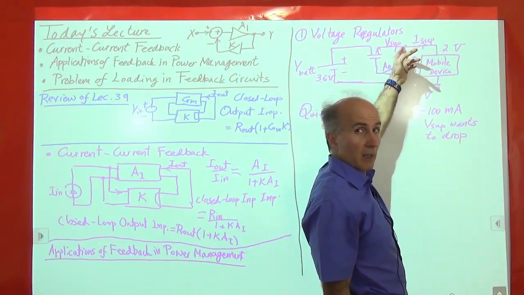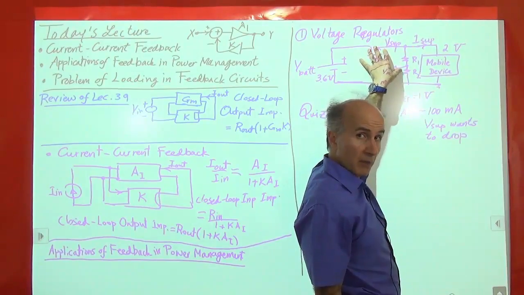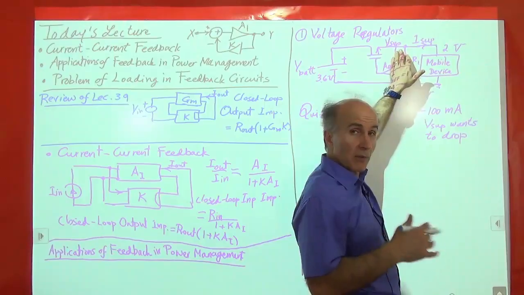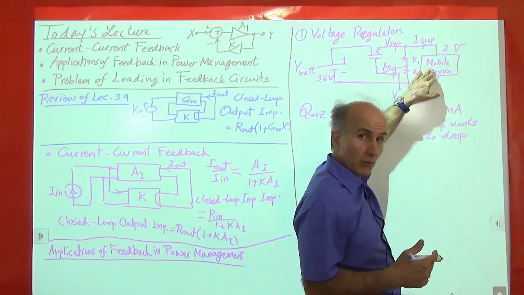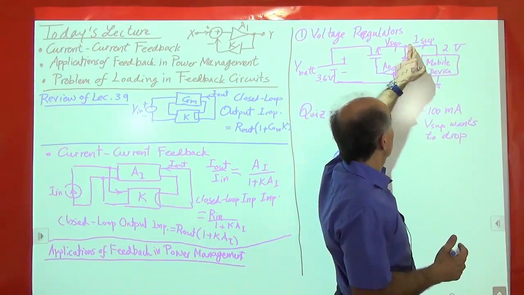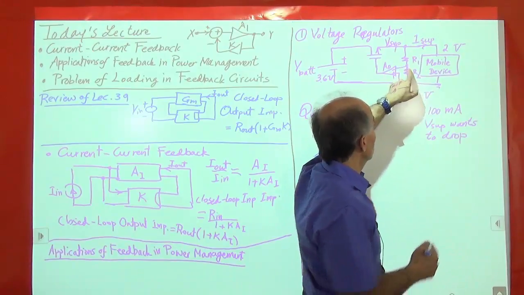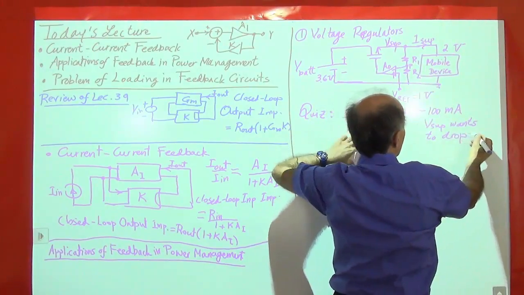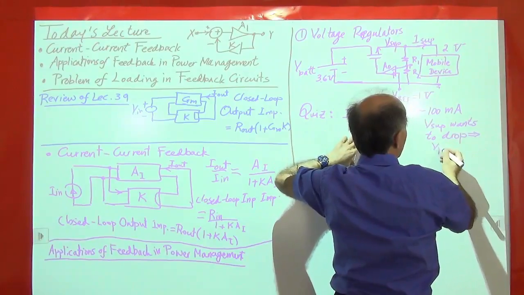This voltage is produced by the MOSFET. The MOSFET has to carry more current. It wants to have more VGS. This voltage wants to drop. So what happens to this voltage? Let's call this node P. We see that VP drops, right?